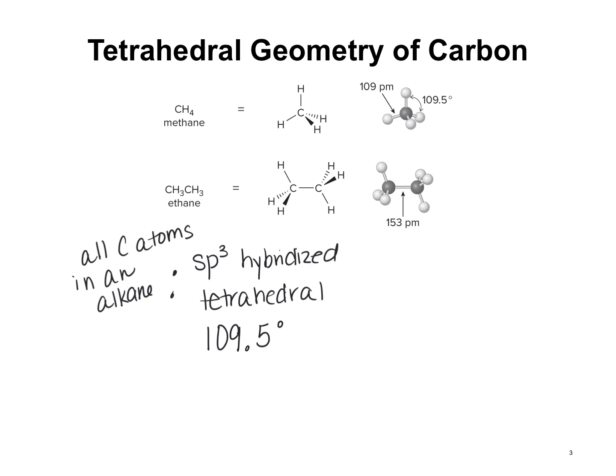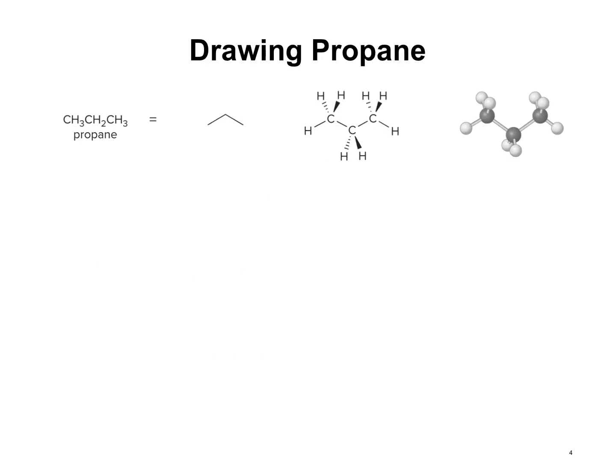Now, let's talk about propane for a second. Propane has the chemical formula C3H8, and here's a stick structure, a skeletal structure of it. And then we have the 3D drawings here.